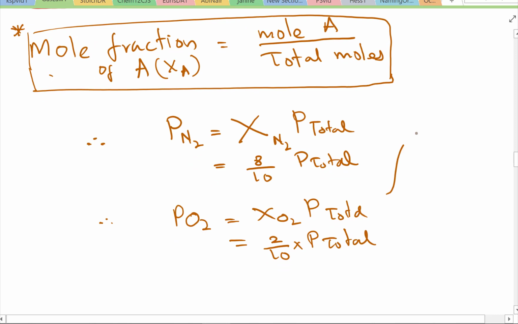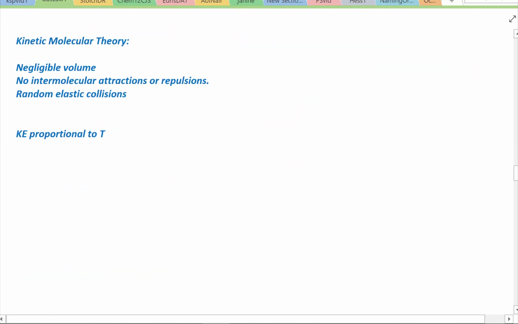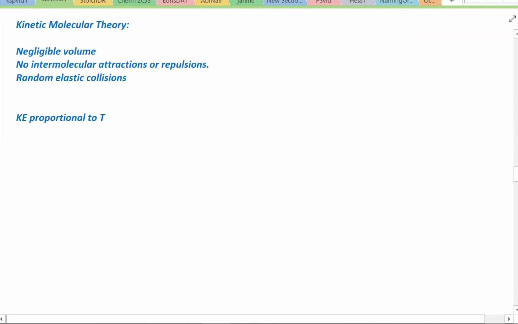For the oxygen it should be 2 divided by 10, because there are 2 moles of oxygen and 8 moles of nitrogen. That's the simplified version of Dalton's partial pressure law.